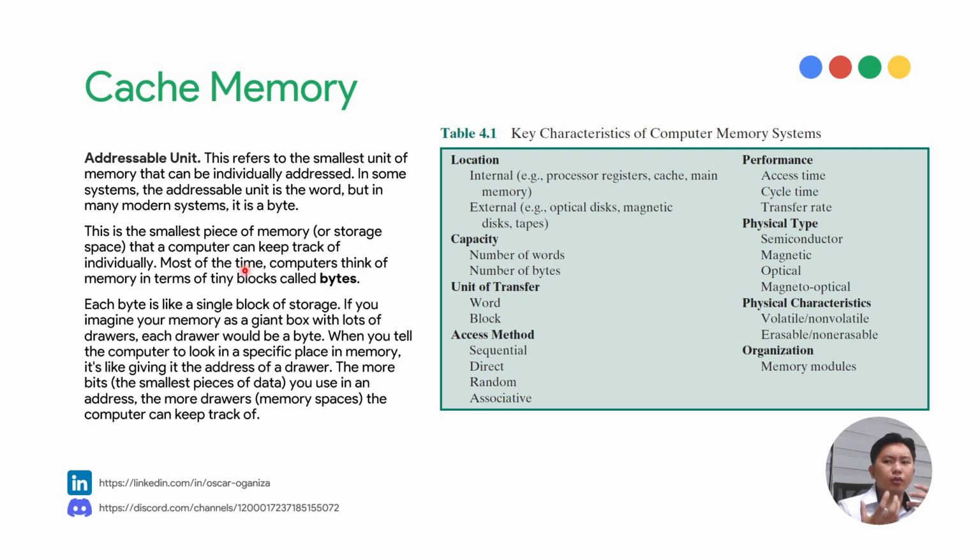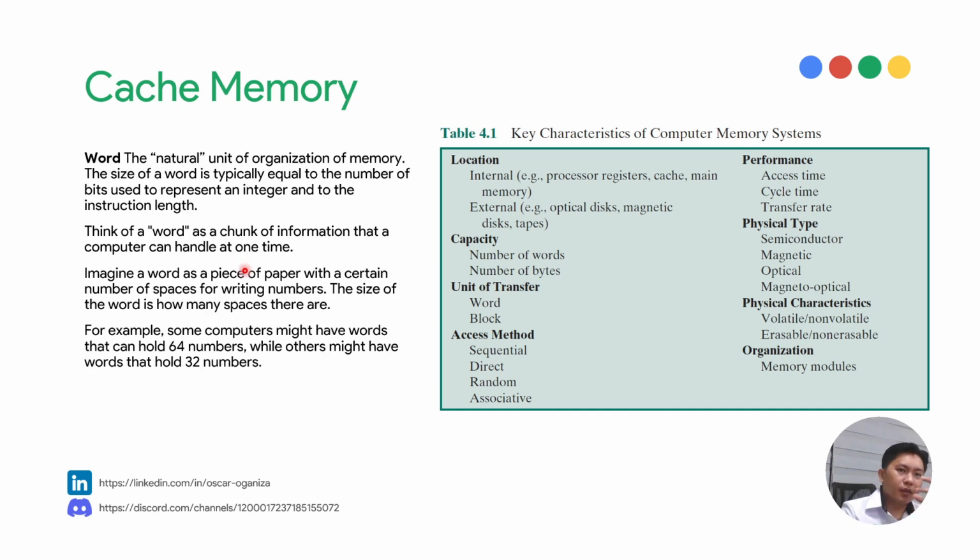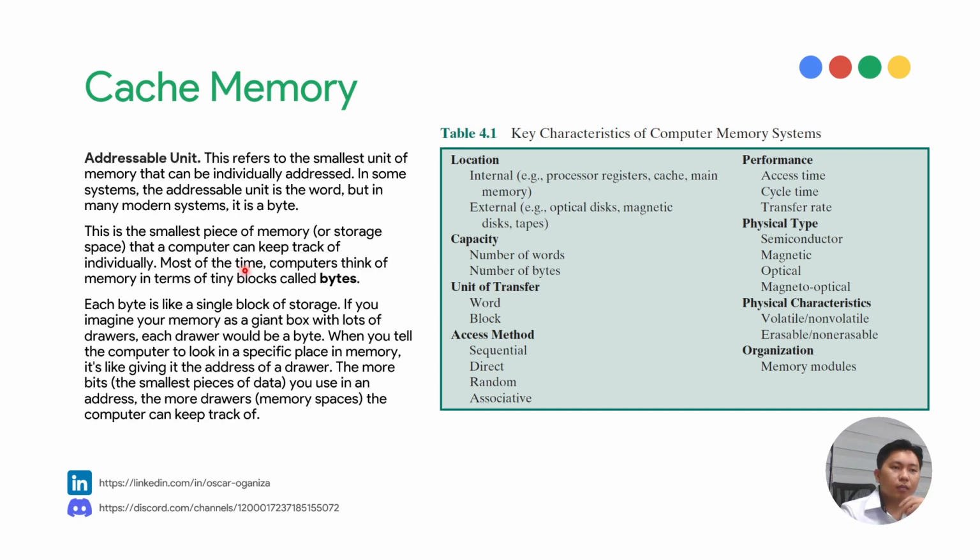When we say addressable unit, this refers to the smallest unit of memory that can be individually addressed. In some systems, the addressable unit is the word, but in many modern systems, it is a byte. Kanina word ang typical unit before, but ngayon, it is called byte.